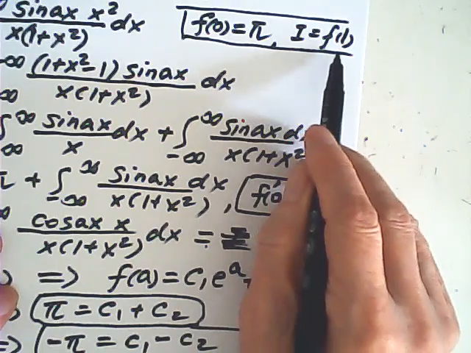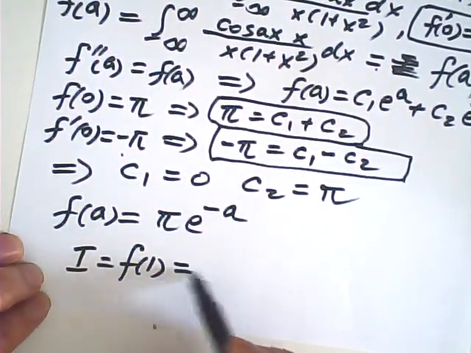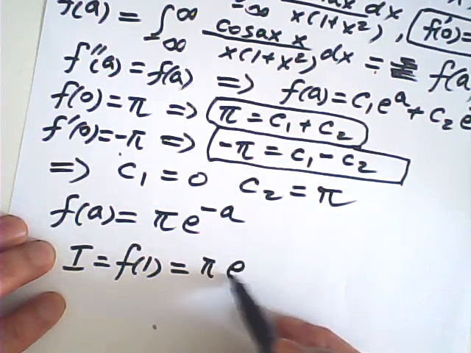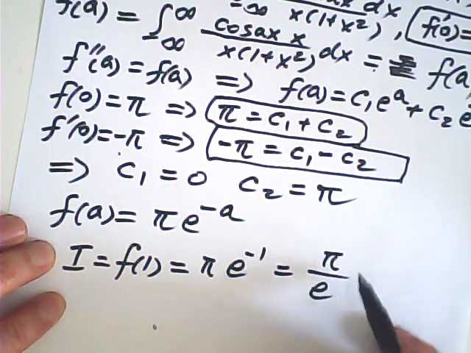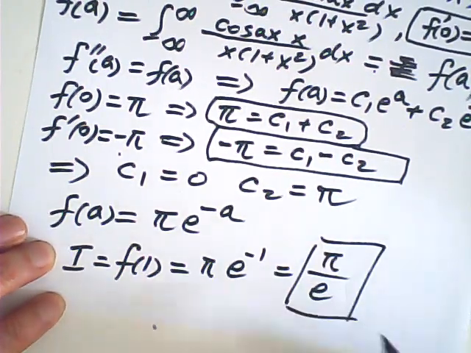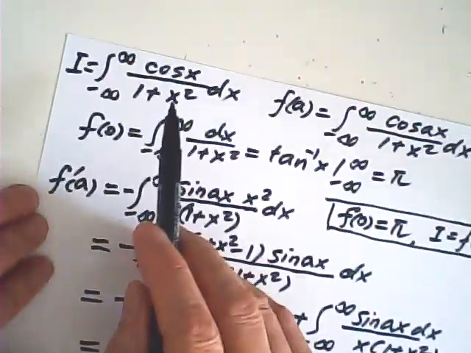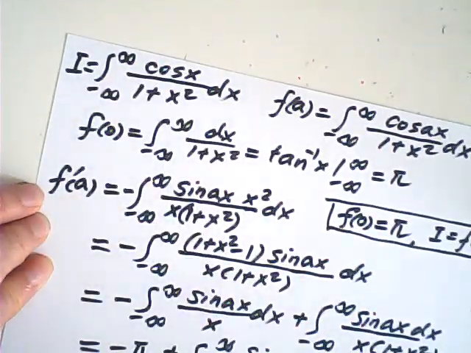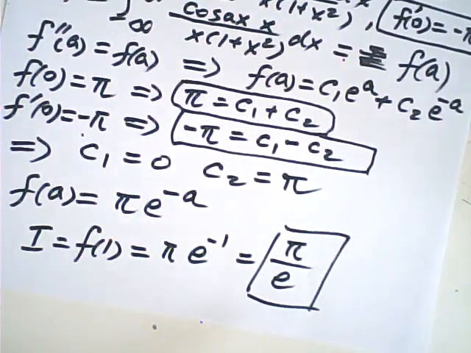My I is f of 1. This is pi e to the negative 1, which is equal to pi over e. That is my very answer to this integral. It's great, gorgeous. Thank you.